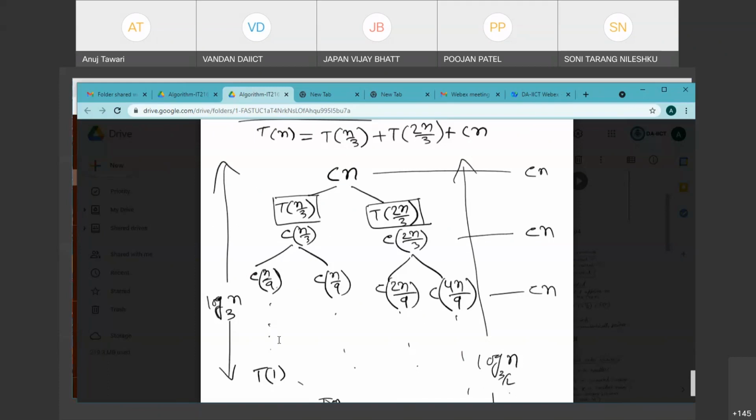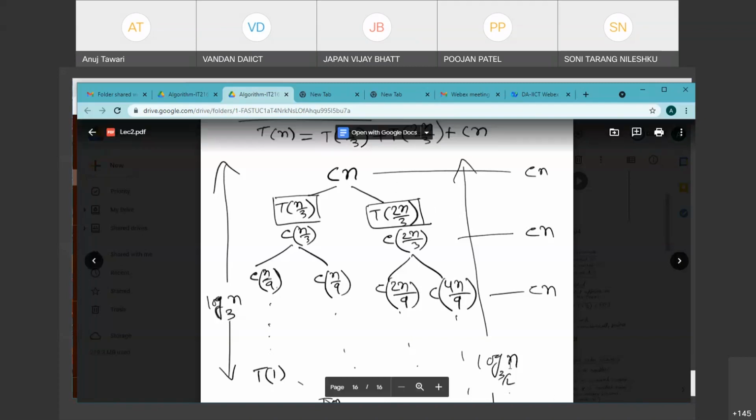Now, at what value will this become equal to 1? It will be some 3 power k equal to n. So at the kth level, it will become equal to 1. So what is that k? That is log n to the base 3, right?